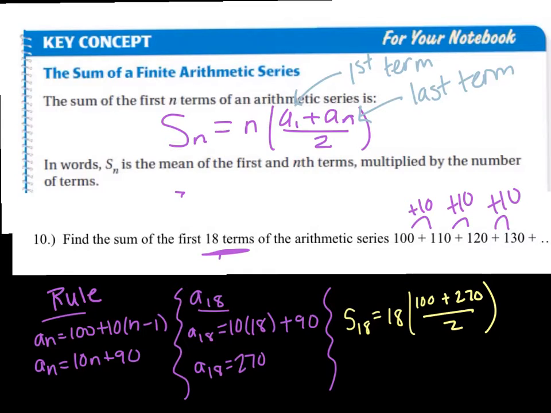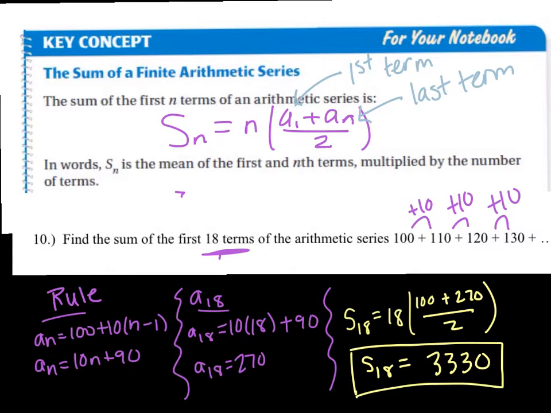So 370 divided by 2 times 18 is going to give us 3,330. So the sum of your first 18 terms, all added up, is going to be 3,330.